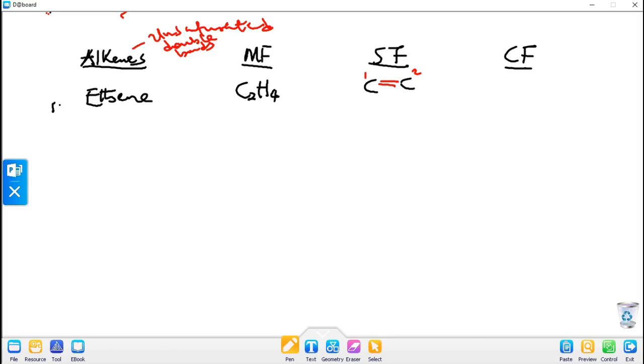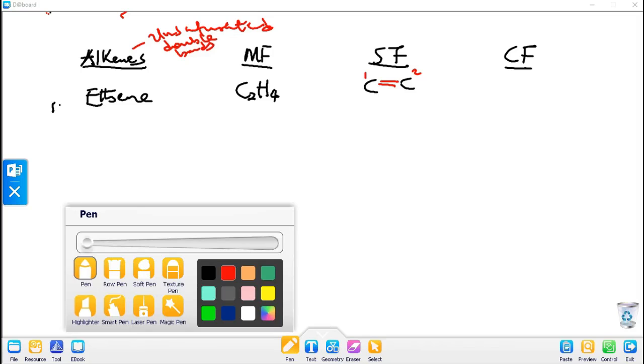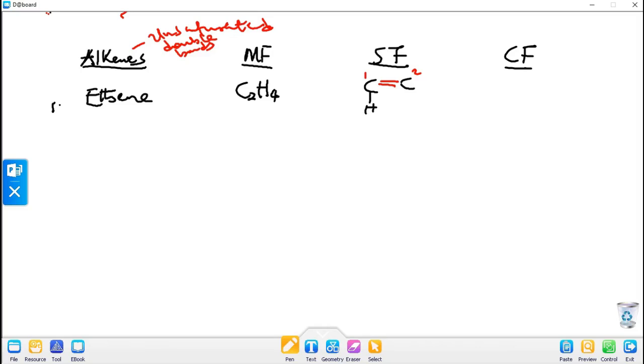They are each looking for 2 more bonds, and that is why the hydrogens can be distributed between both of them. So if I place 1 hydrogen here, 1 here, 1 here, and 1 down here, now I have my ethene.